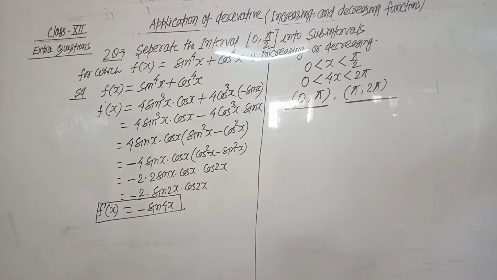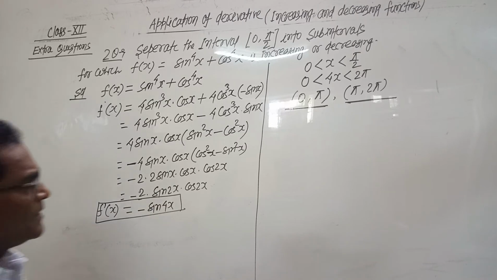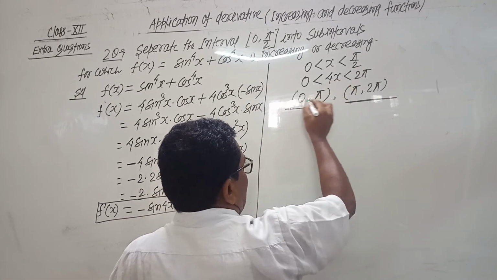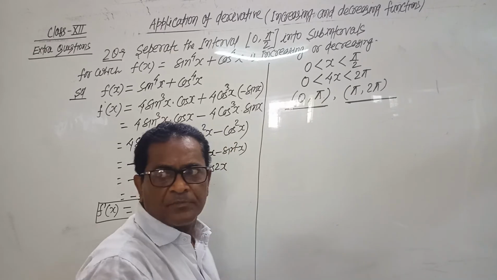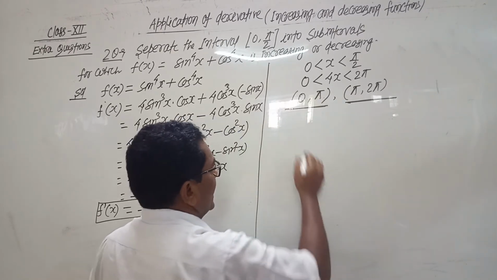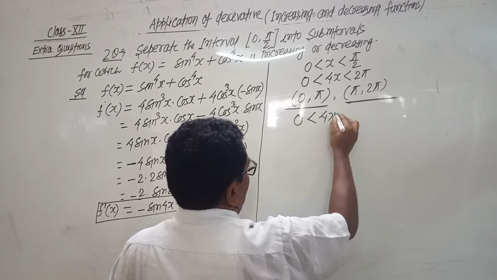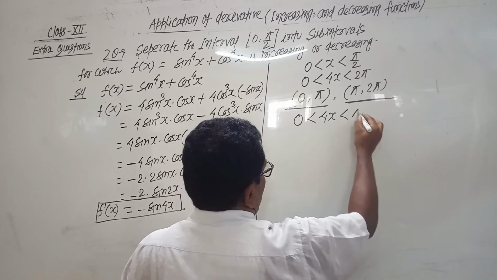So first, the value of 4x lies between 0 and pi. So we write 0 is less than 4x is less than pi.